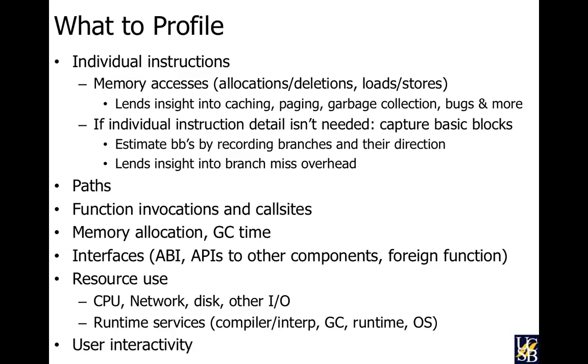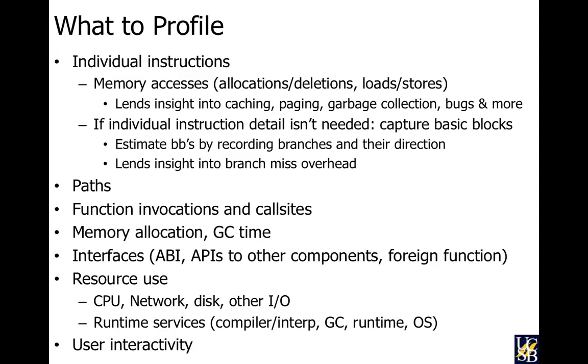So the other things that we can profile are paths. We have methods, and typically methods contain multiple paths, but only a small number of those paths are taken when the program executes. If we can profile paths, we can identify those paths and optimize accordingly. We can instrument function calls and returns to identify relationships between callers and callees.